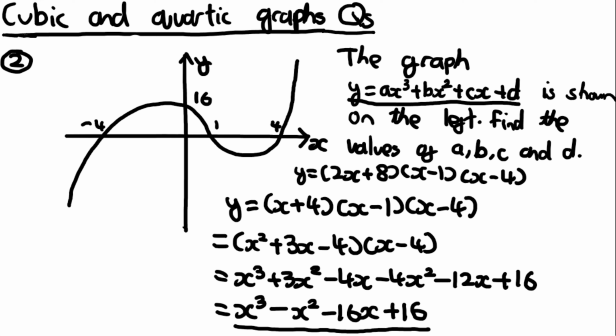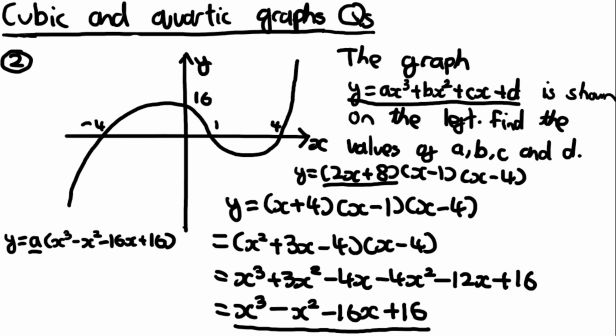So the way we would consider this is we would do that y is equal to a times x cubed minus x squared minus 16x plus 16. And then we need to see what the value of a is, whether any of the brackets would be in this form where they're times by 2.